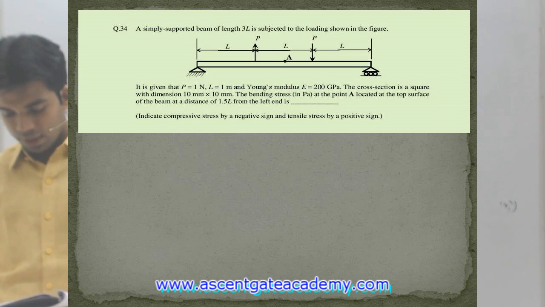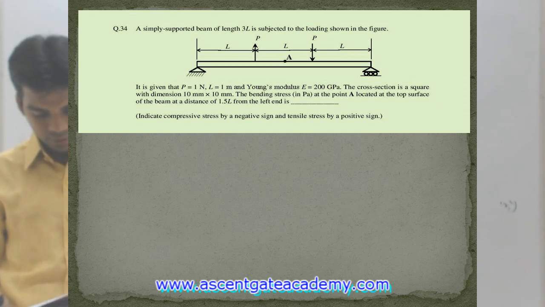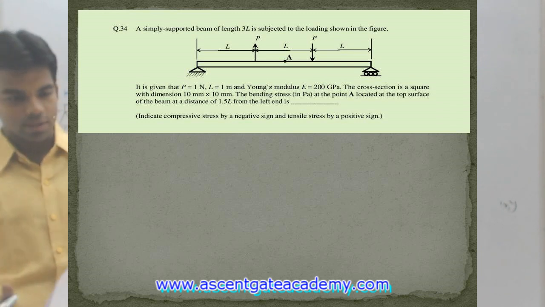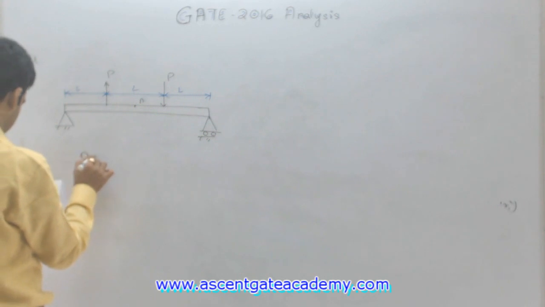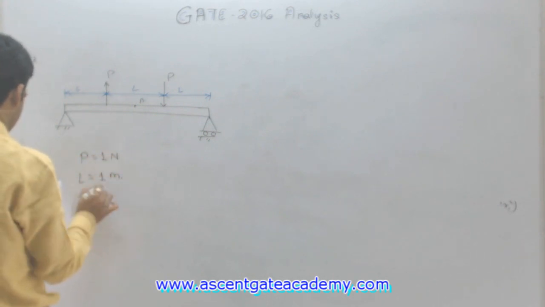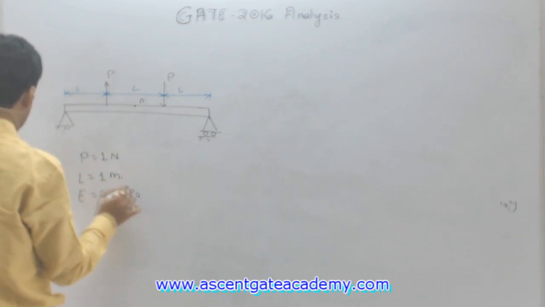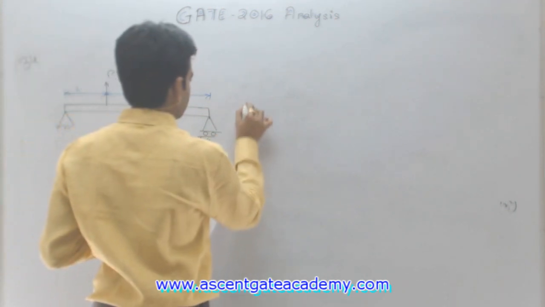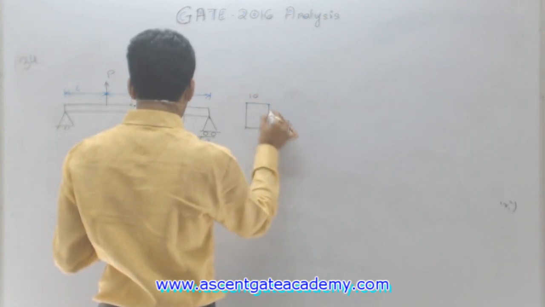The bending stress in Pascal at a point P located at the top surface of the beam at a distance 1.5 L from the left end is. Okay, so this is the figure given. The cross section is a square cross section of 10 by 10 mm dimension.